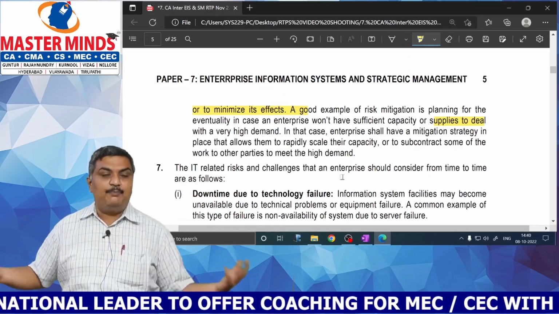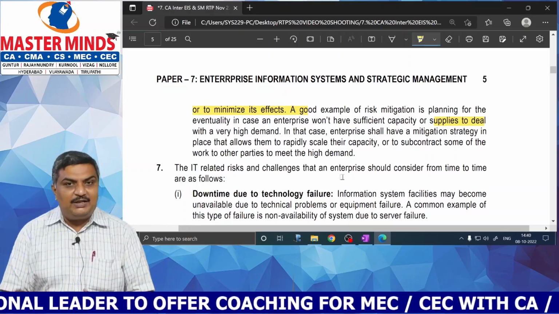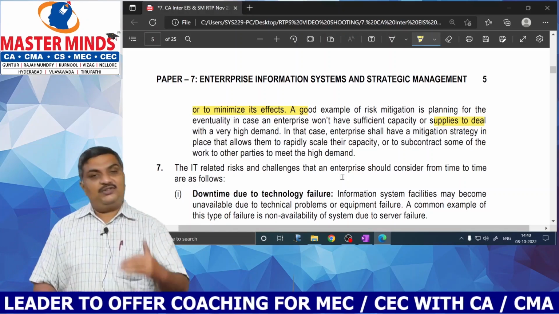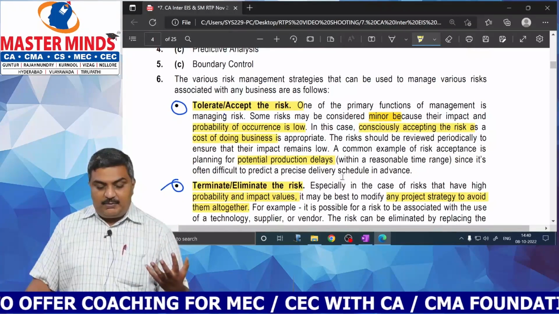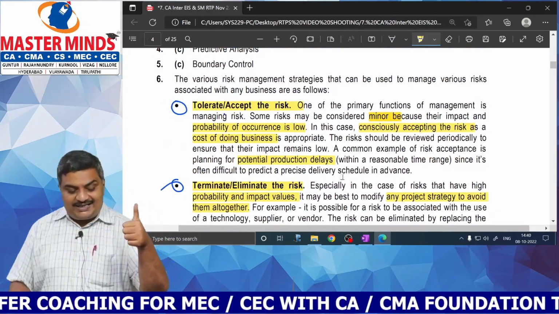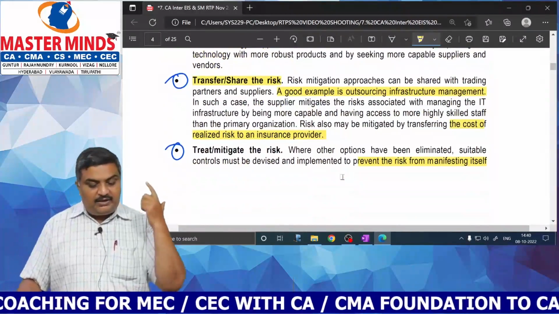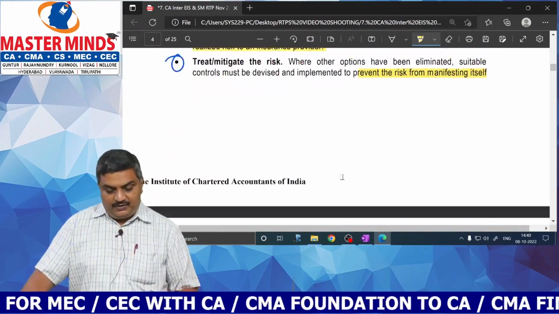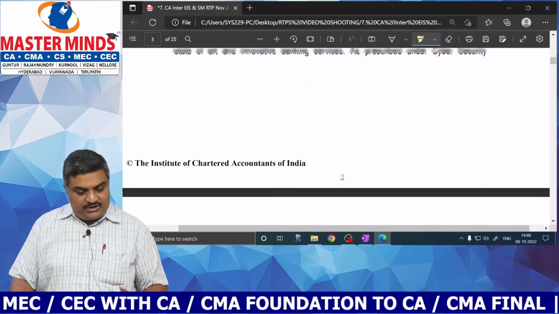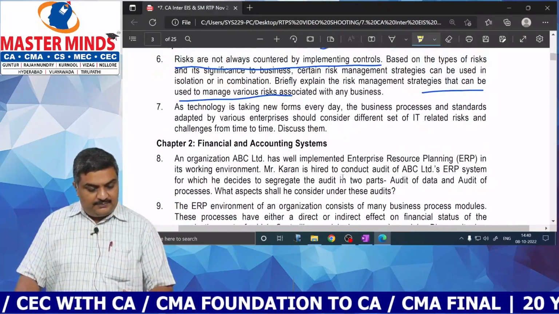You have to scale up your business. These are some risk mitigation strategies. Okay, so these are the 4 strategies. Now let us sum up what are the 4 strategies: tolerate or accept the risk, terminate or eliminate the risk, transfer or share the risk, and treat or mitigate the risk. Now let us move on to the next question. What is the next question?